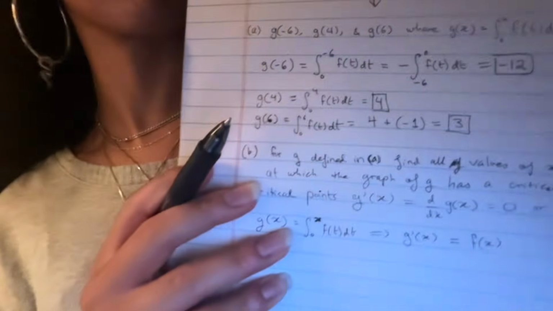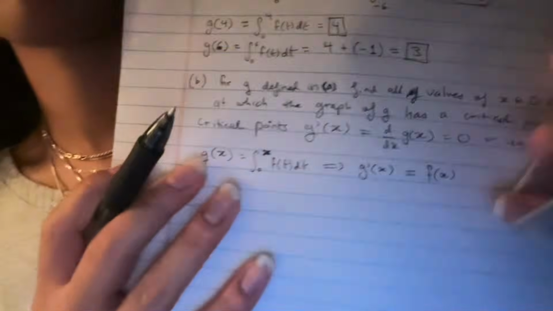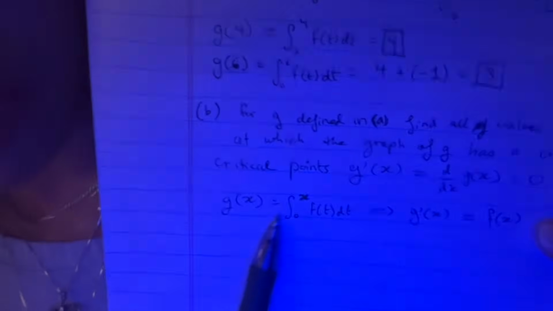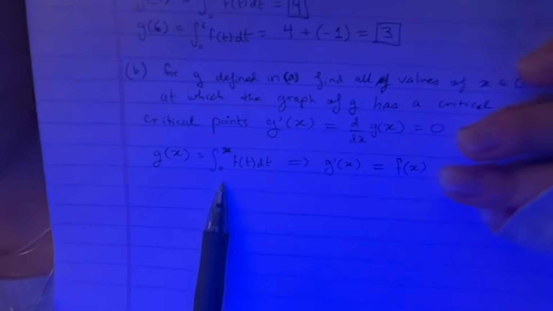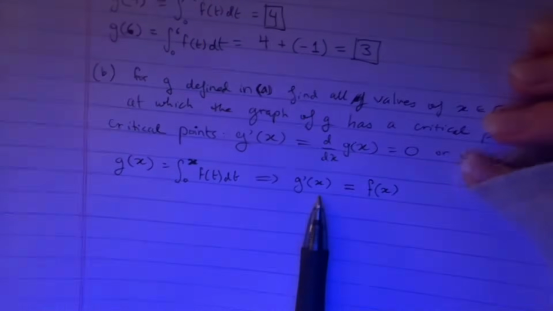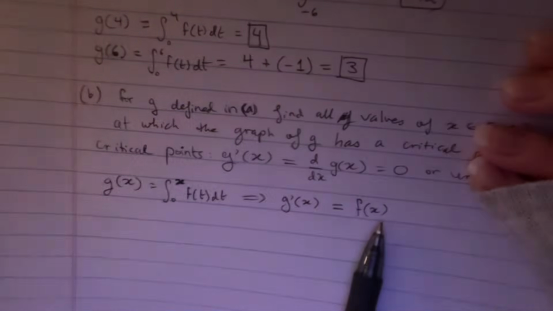So g of x is defined as the integral from 0 to x of f, which means the derivative of g is just going to equal f.